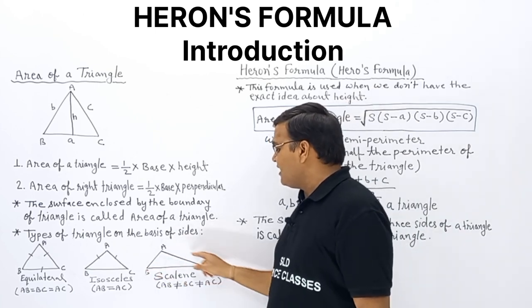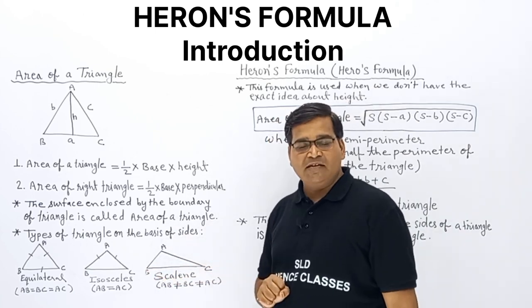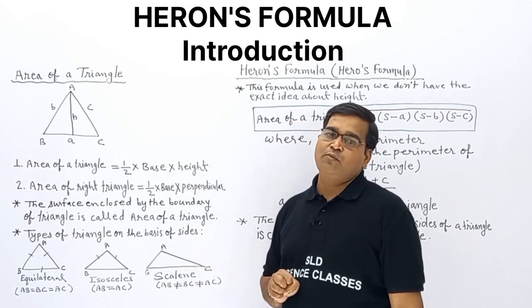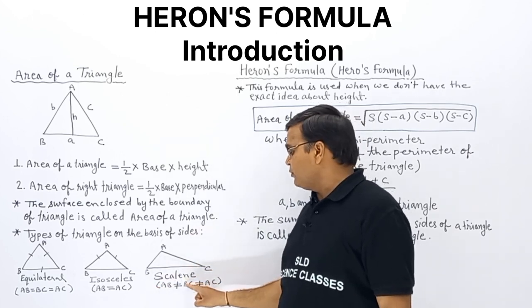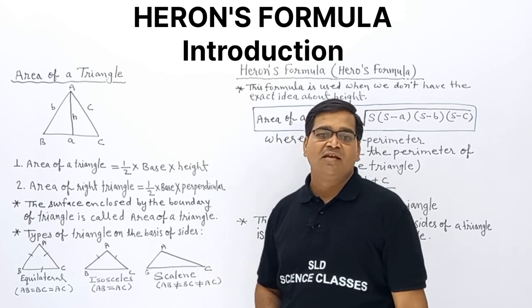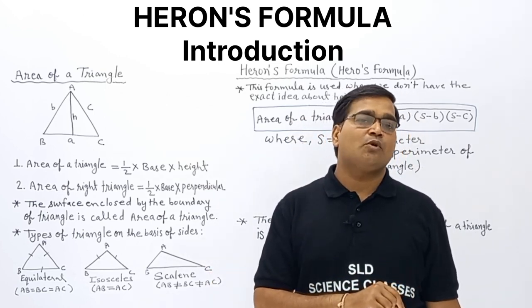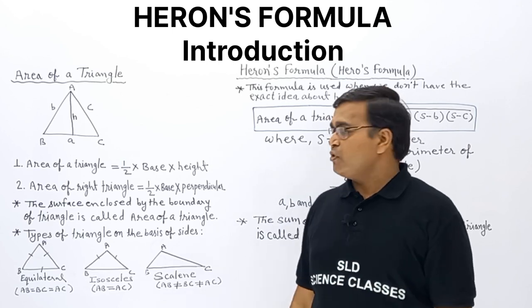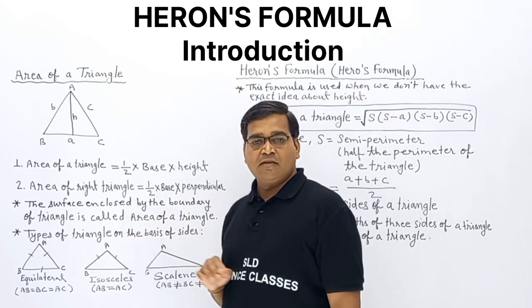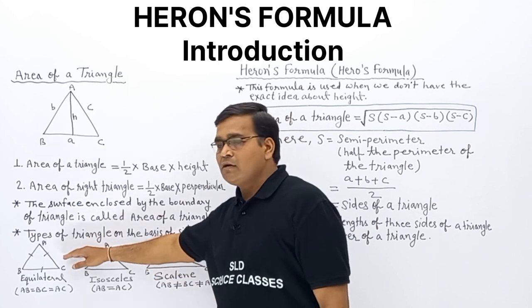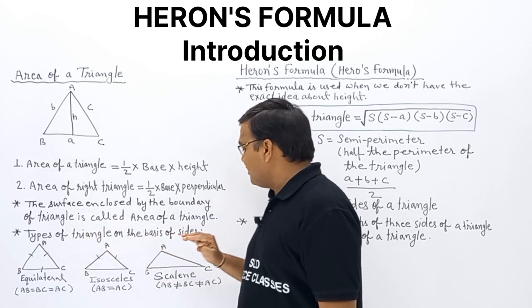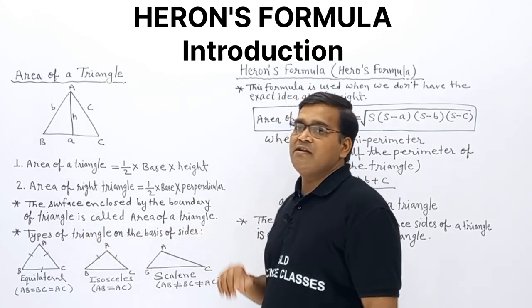AB, BC and AC are the three sides, but all are unequal. AB is not equal to BC, and BC is not equal to AC. That triangle is called scalene.